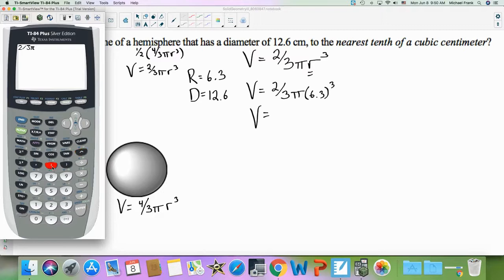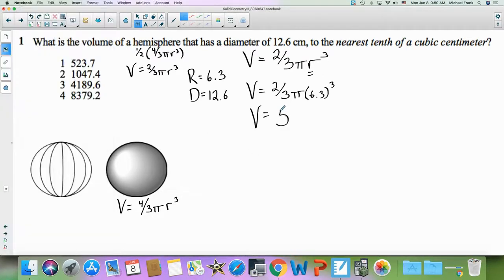I am going to put that in parentheses just to make sure that it multiplies. And that's going to be to the third power. And I could see that it's to the nearest tenth. It should be 523.7 cubic centimeters.